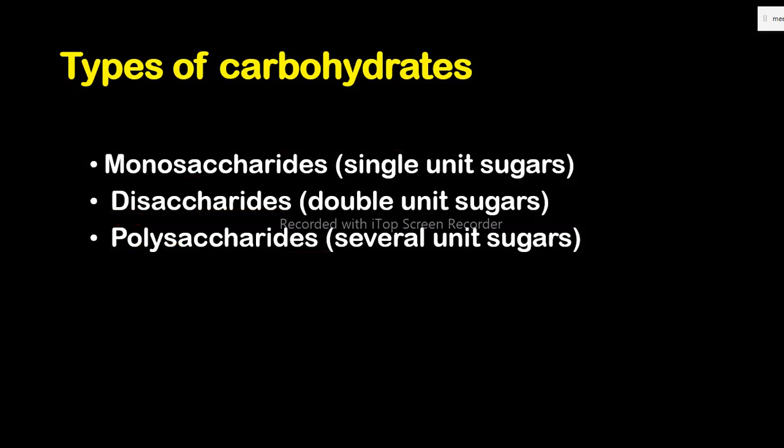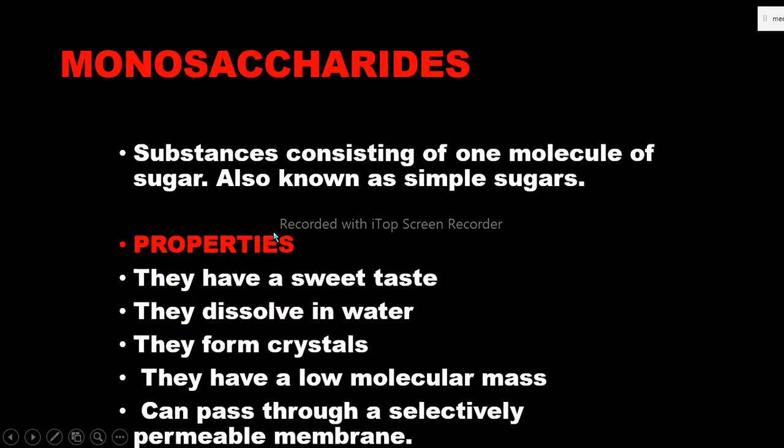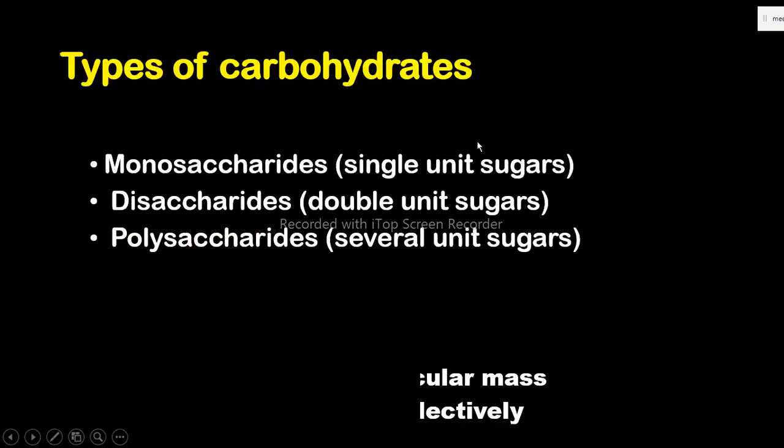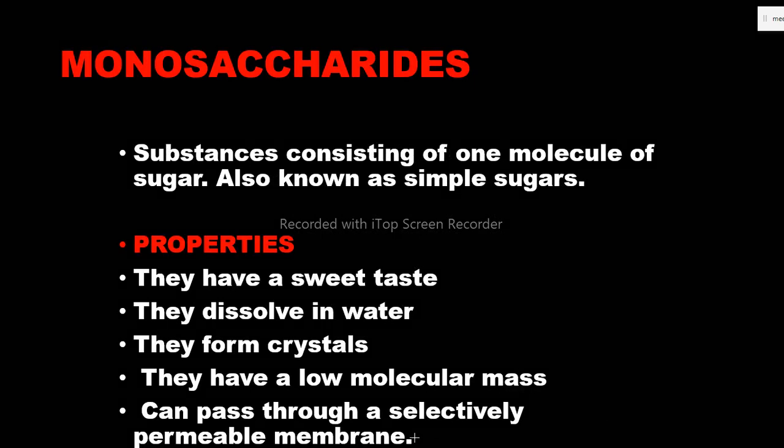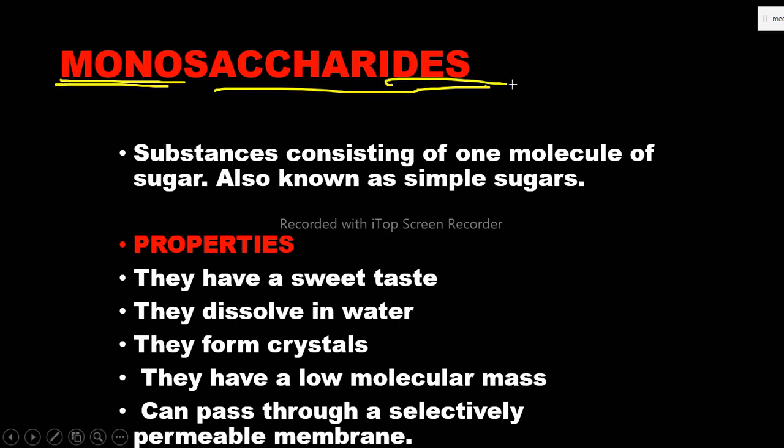Now let's talk about monosaccharides. Simply, mono, as I said, means one and saccharide means sugar, so it is one sugar. This is a carbohydrate that consists of just one molecule of sugar.